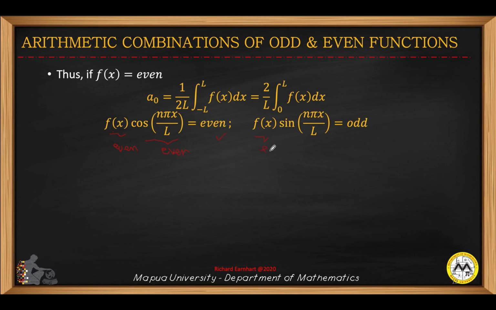This is even multiplied by an odd function, so even times odd gives an odd function.